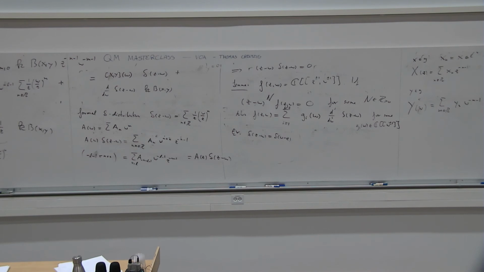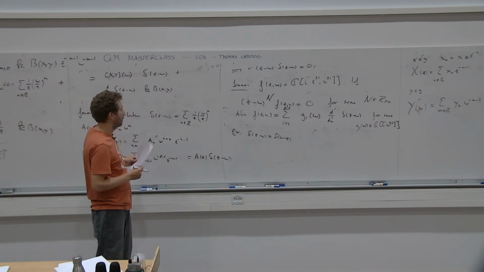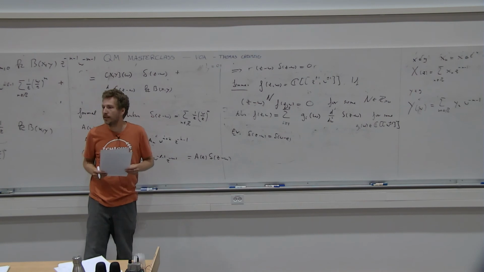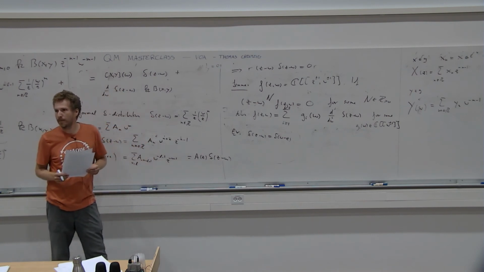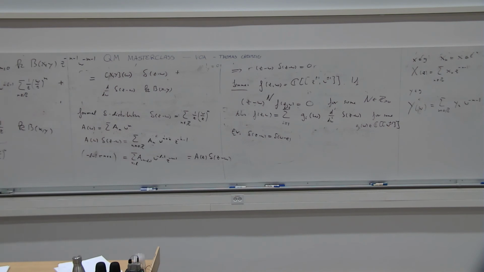If you believe that A of w delta of z minus w, just replace w by z, then that's the same as A of z, which is z minus z is 0. Yes. Check. Thank you.